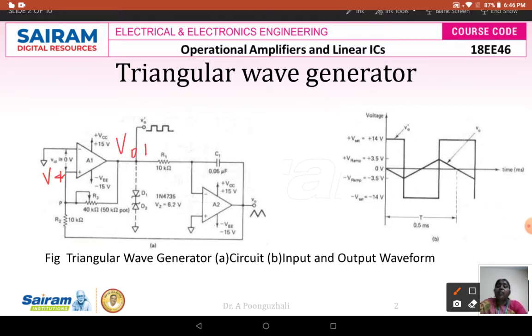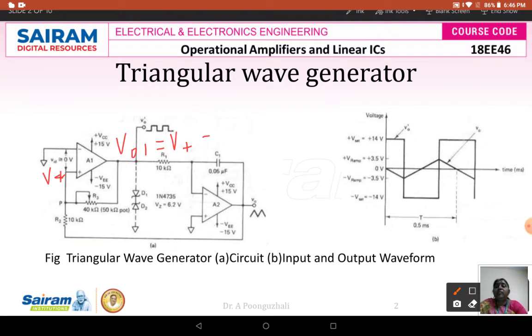The inverting terminal voltage is 0, while the non-inverting terminal voltage, because of the offset voltage and the resistors R2 and R3, will be a small positive voltage. Because of this positive voltage I will get an output voltage that is also positive, the same as V plus.